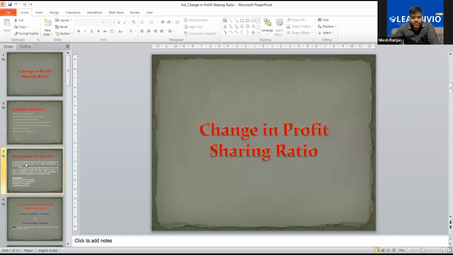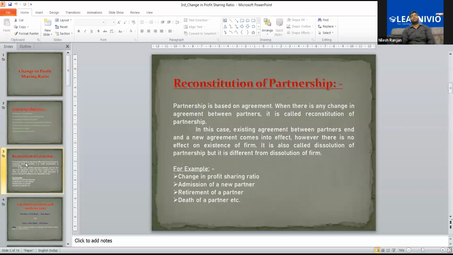This is the meaning of reconstitution of partnership. Partnership is based on agreement. Where there is any change in agreement between partners, it is called reconstitution of partnership. So reconstitution doesn't mean that we are closing our business.